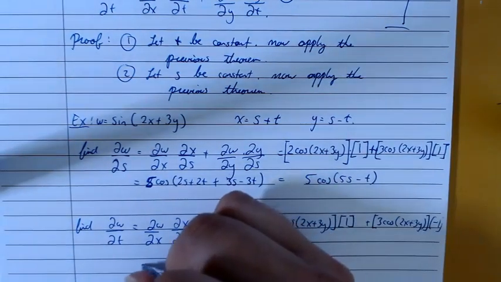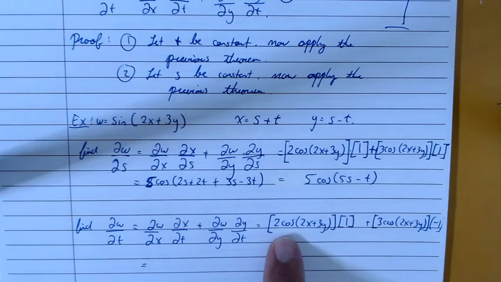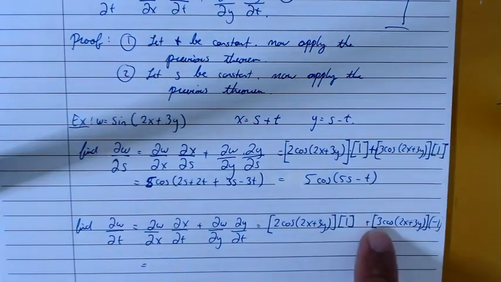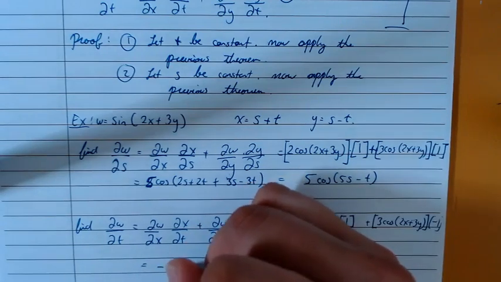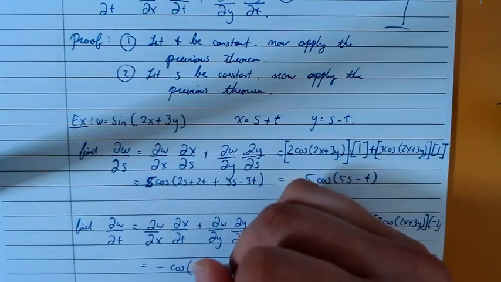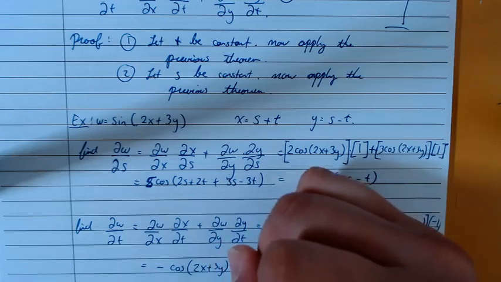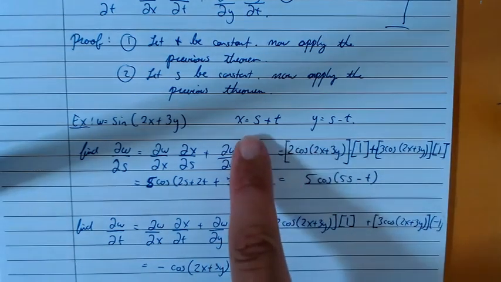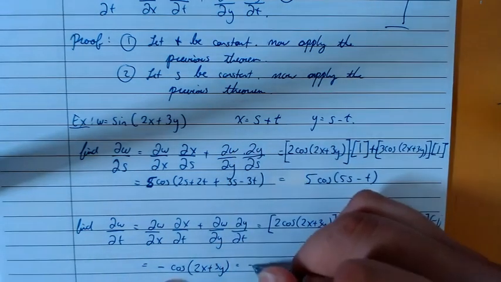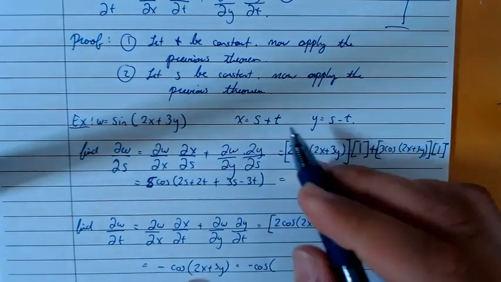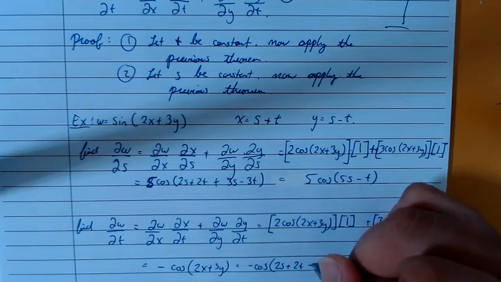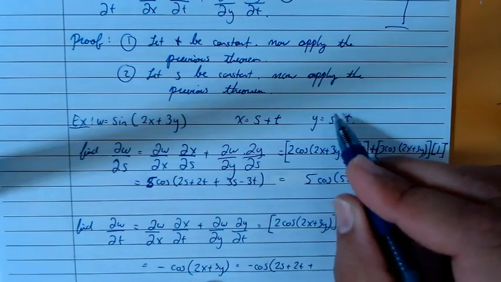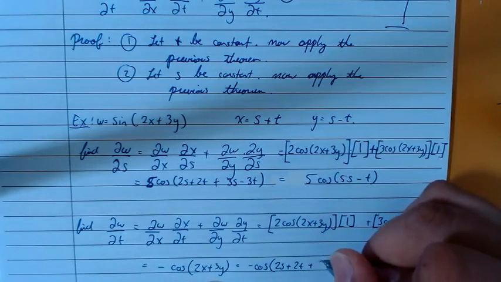So here that's going to give us 2 cosine of this minus 3 cosine of this, which is negative 1, the cosine of this stuff right over here, 2x plus 3y. And now we can go ahead and plug in our x and our y. So that'll be negative the cosine of double x, really that's 2s plus 2t, plus 3y, that'll be 3s minus 3t.